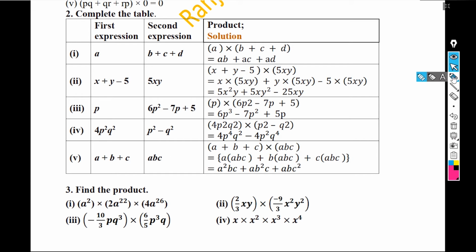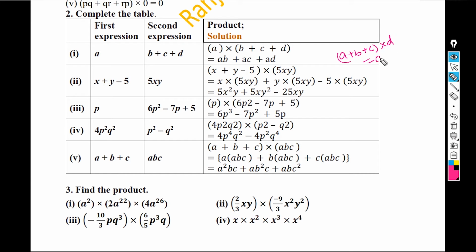First of all, I am going to solve here this second number, that is (x plus y minus 5) into 5xy. That means it is in the form of (a plus b plus c), and you want to multiply with d.